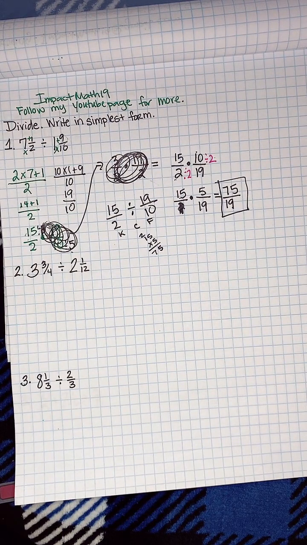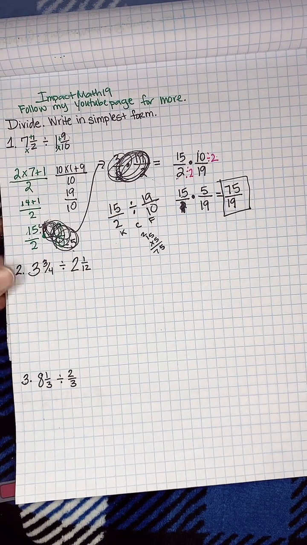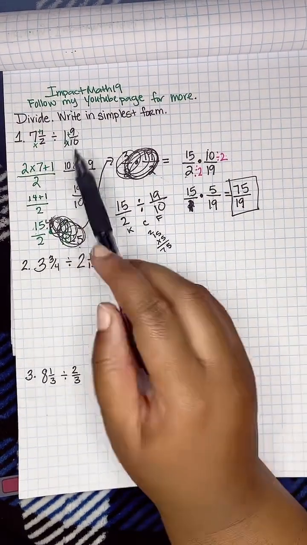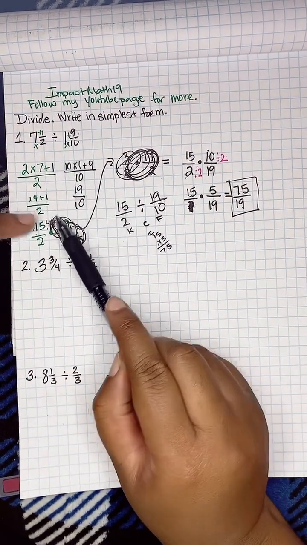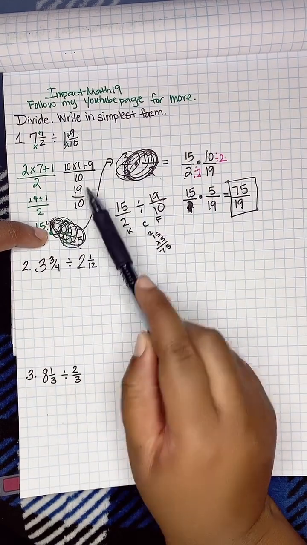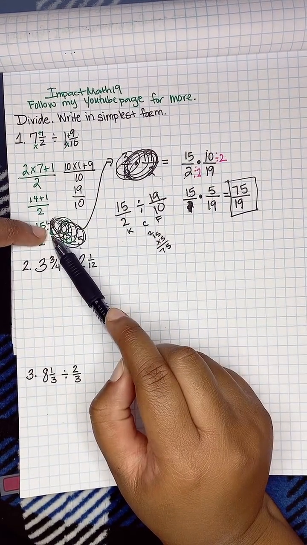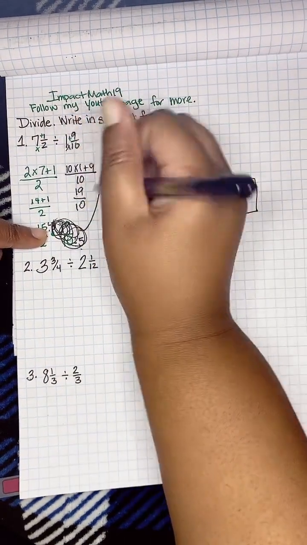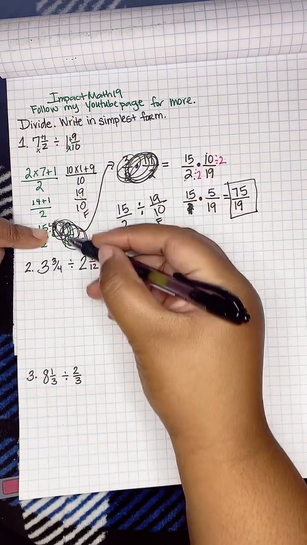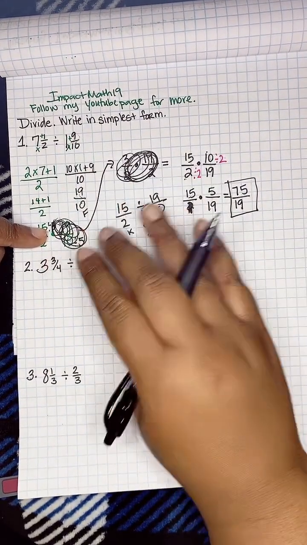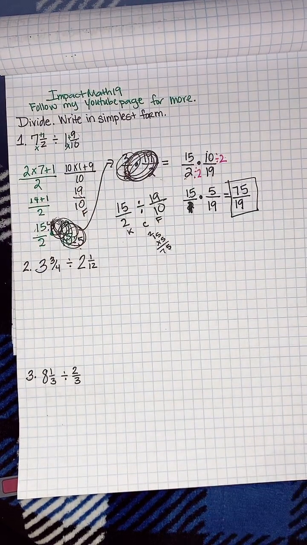Sorry. I probably totally lost some people, but what I did wrong here is I changed the sign to multiplication, but I never flipped this. I kept it the same, which is not correct. You have to always remember to flip that, okay? That's where I went wrong.